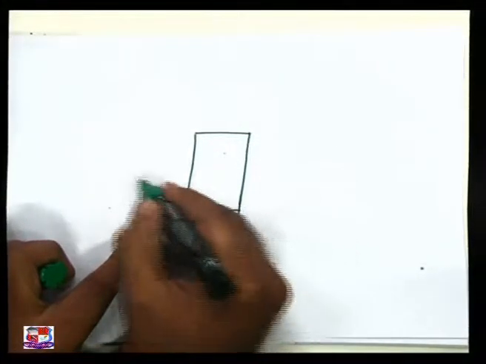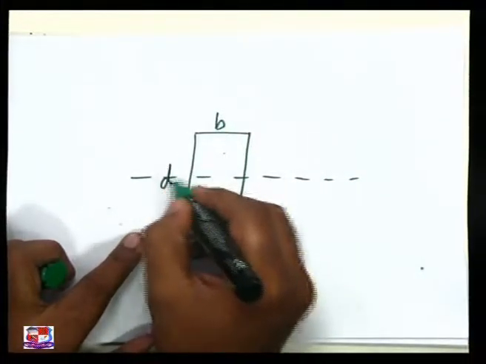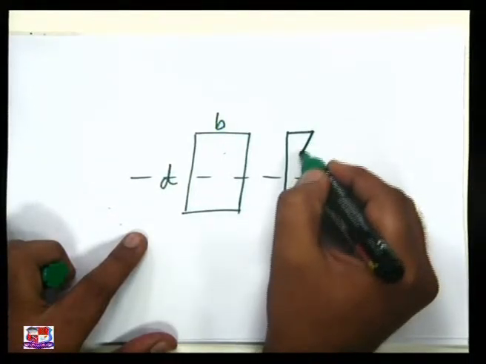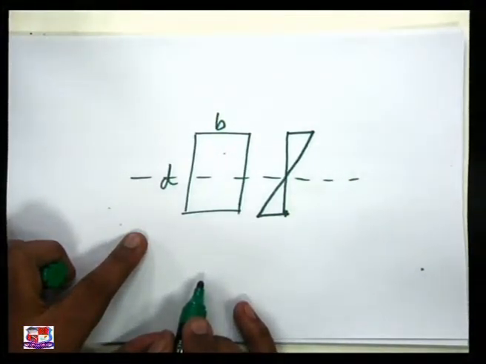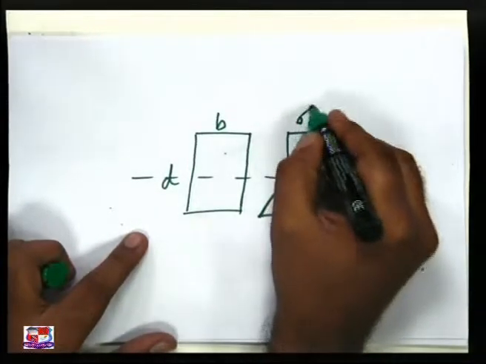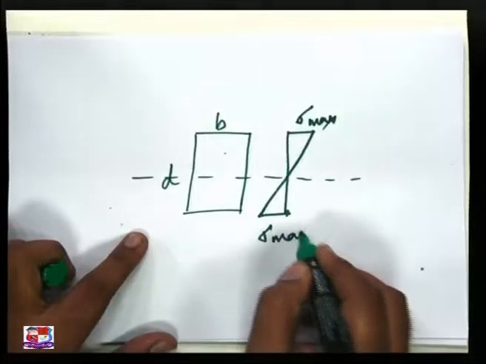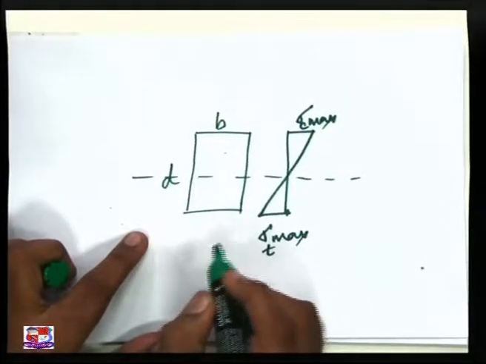Given section is a rectangular section. This is B, this is D, and this is our bending stress distribution diagram. This is my sigma maximum, this is tension, and this is compression.